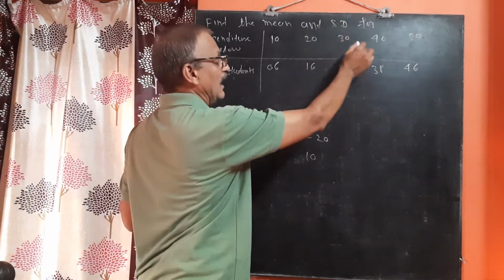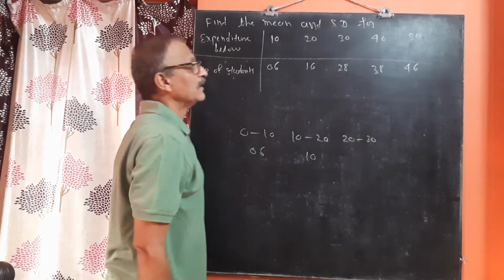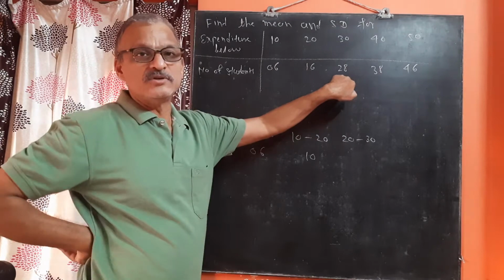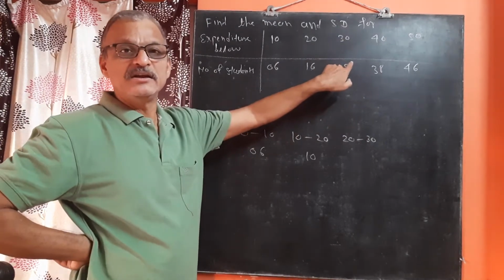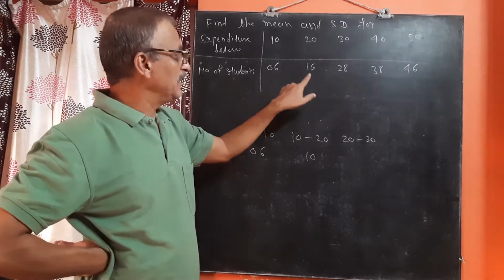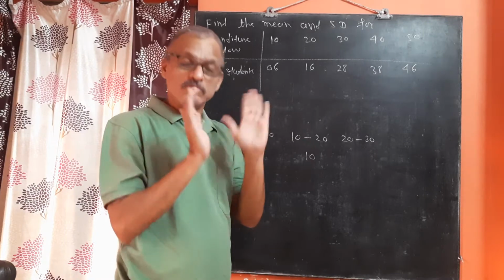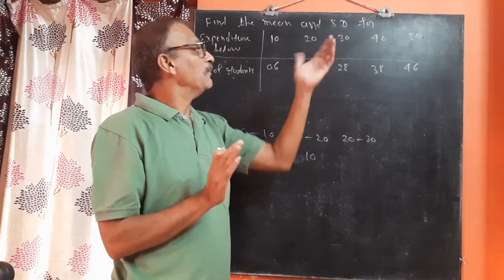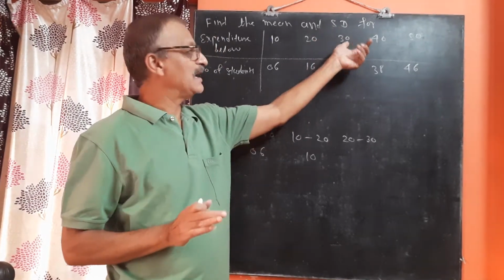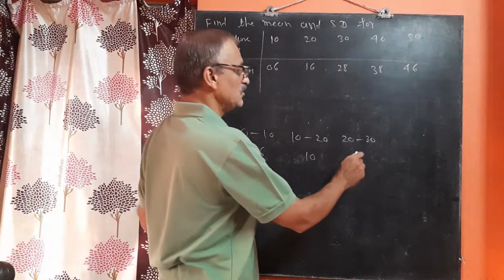Then next comes between 20 to 30. Up to 30 there are 28 students. But up to 20 in all there are 16. That means the number of students who spend between 20 rupees to 30 rupees is 28 minus 16, which equals 12.